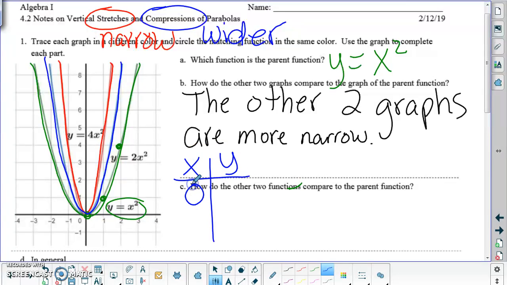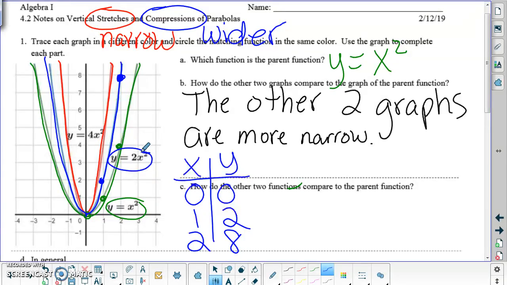So when x was 0, y was 0. When x was 1, y was 2. And when x was 2, y was 8. So if I look at the blue graph, (0, 0), (1, 2), and (2, 8) all fall on the blue graph, so the blue graph must be 2x squared.